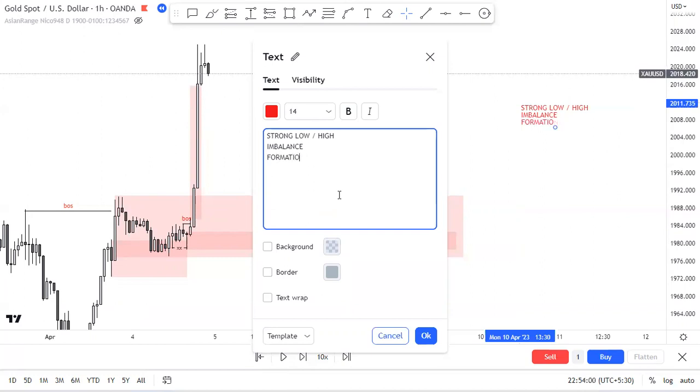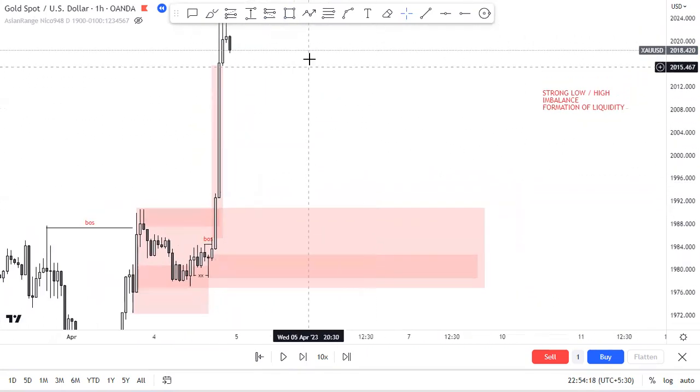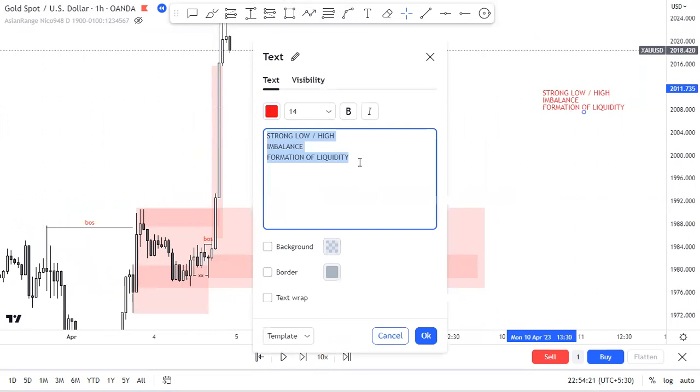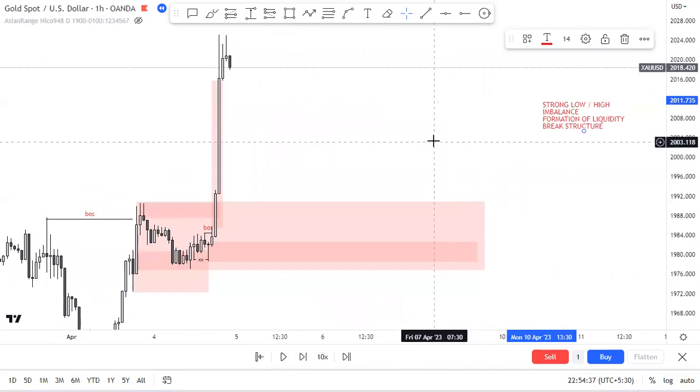So every supply failure happens whenever there is a breakout structure, so it needs to be break of structure or supply failure. Both are the same, so I'm just writing break of structure. So these four points need to be validated.